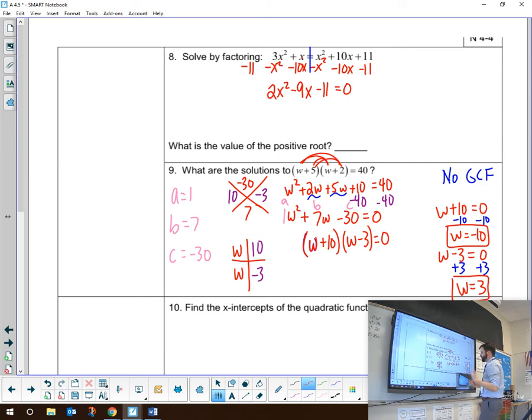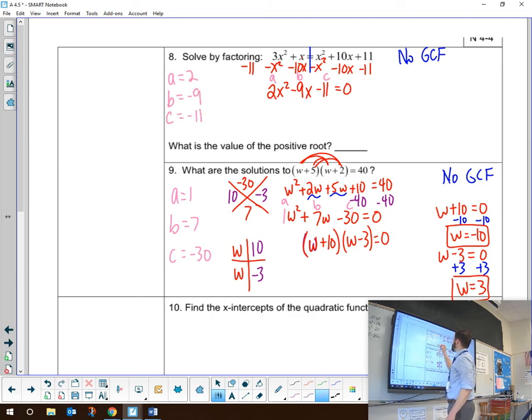And so now we look for a GCF between these three, and there is none. We have no GCF. So then I'm going to label. We have an A, a B, a C. My A is 2. My B is negative 9. My C is negative 11. Okay? And so we're going to do our x and our plus, of course.